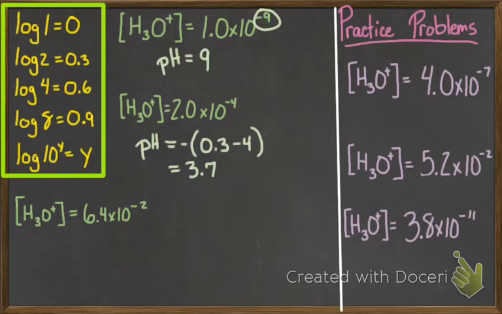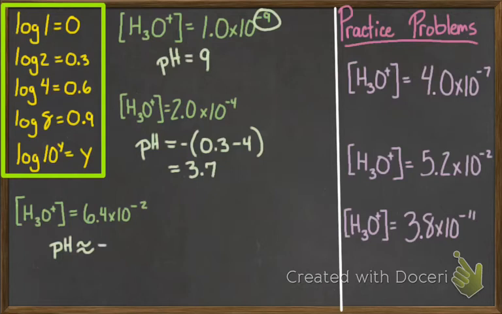This next one down here, we would have to do a little bit of estimating because now we are at a 6.4. And if you look up there, we don't have a value for 6. But again, remember, this is about estimation. It's not about being exact because our values are going to be far enough away from each other to where whatever value we get is going to be about the same as one of your answer choices.